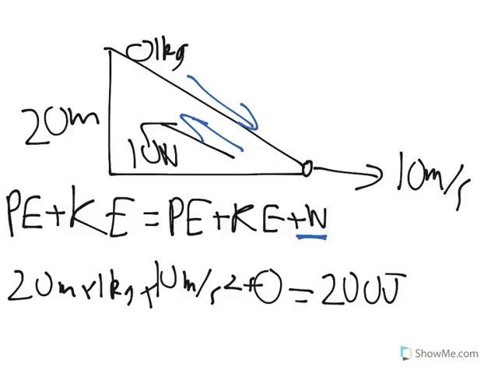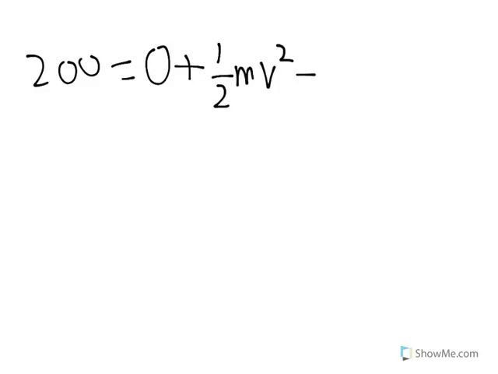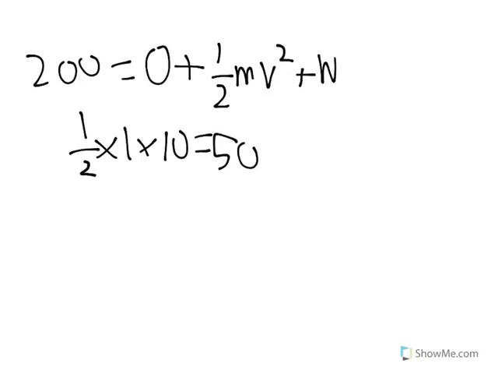So that has to equal the total energy and total work at the end. So let's see what we've got. 200 equals potential energy. Now we're at the bottom of the hill, so no potential energy, plus kinetic energy, 1/2 mv squared, plus work. 1/2 mv squared is 1/2 times mass of 1 times velocity of 10 squared. That's 50 joules.